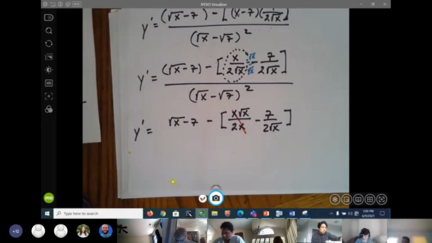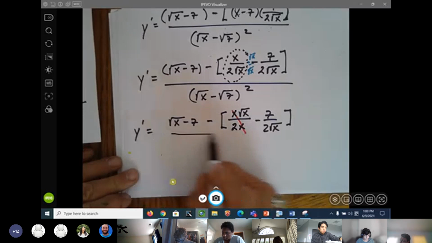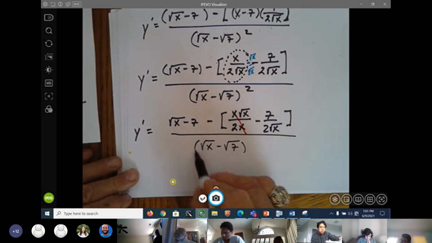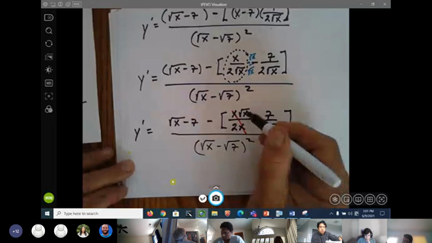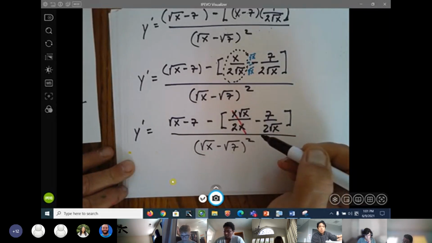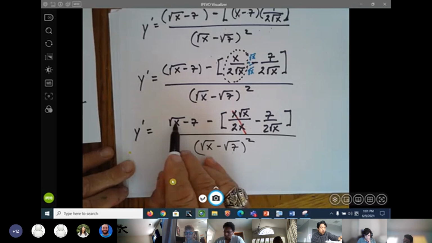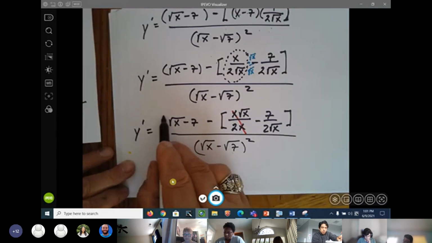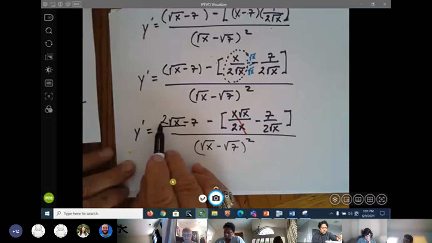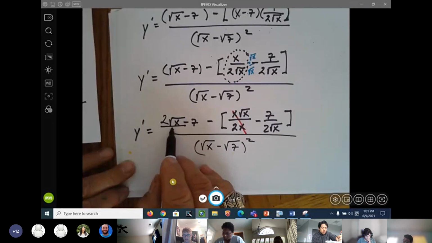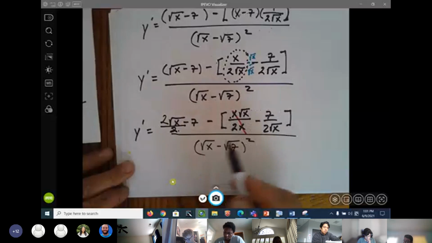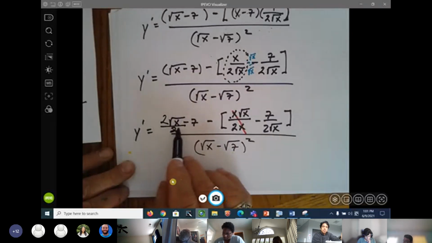And now you can rewrite it as all over square root of x minus square root of 7 quantity squared. And that is the square root of x over 2. And you can change this to 2 square root of 2 over 2, like that. And 2 minus 1 is square root of x over 2.